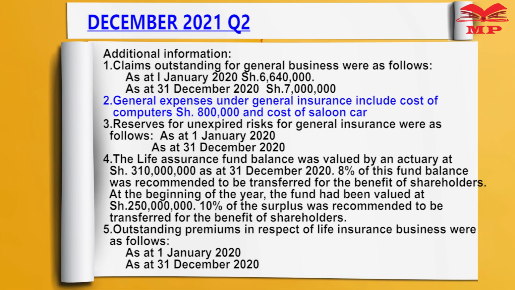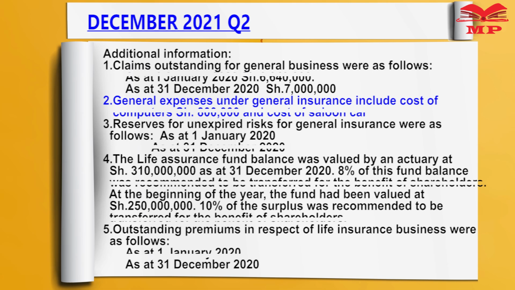2. General expenses under general insurance include cost of computers of 800,000 shillings and cost of saloon car of 3.26 million shillings.